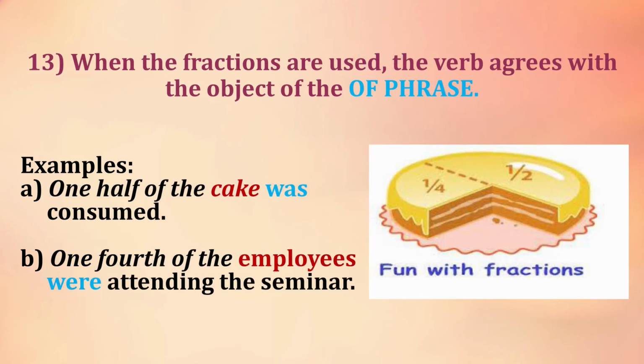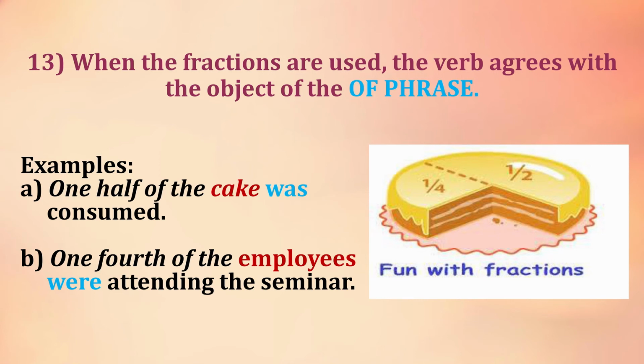13th rule, when fractions are used, the verb agrees with the object of the phrase. For example, 1/2 of the cake was consumed. 1/4 of the employees were attending the seminar. So children, keep it in mind, if the word that follows the fraction or percentage is singular, like here in the first example, 1/2 is the fraction of the cake.